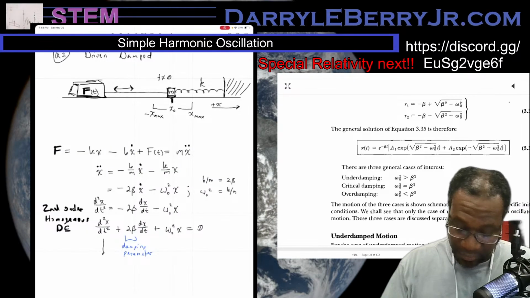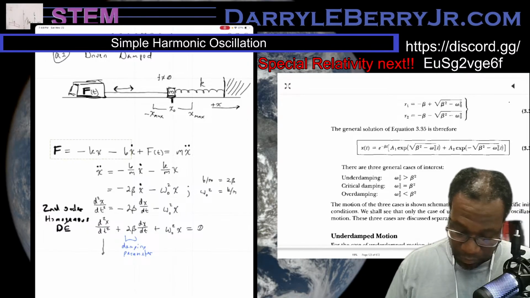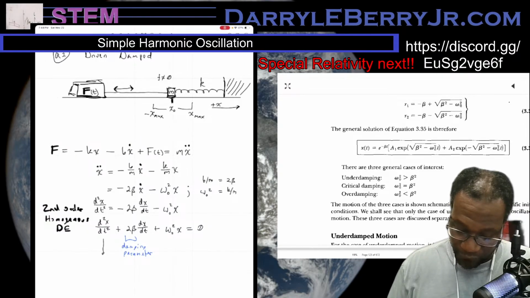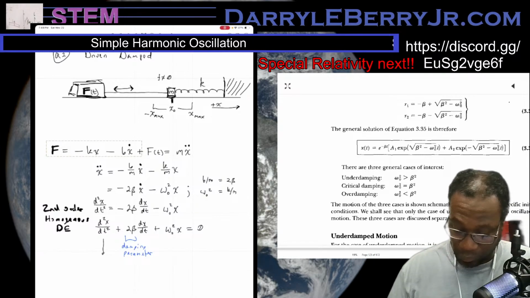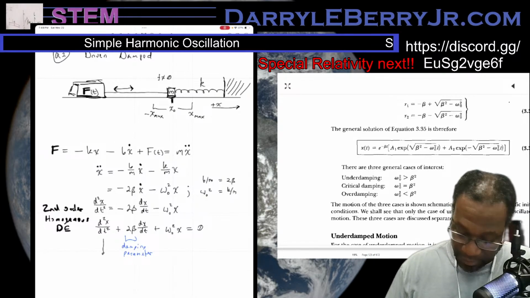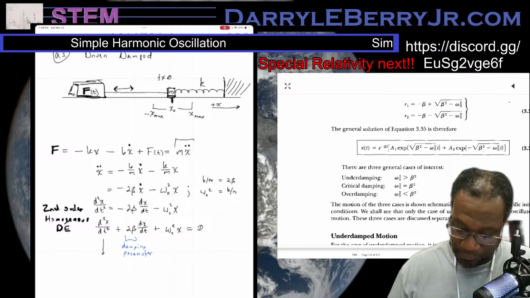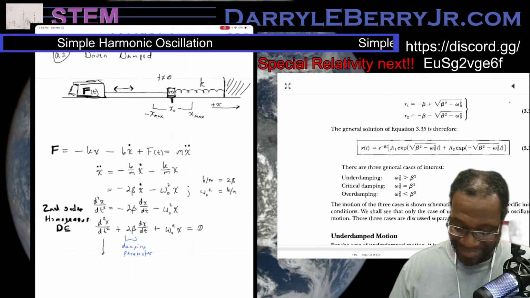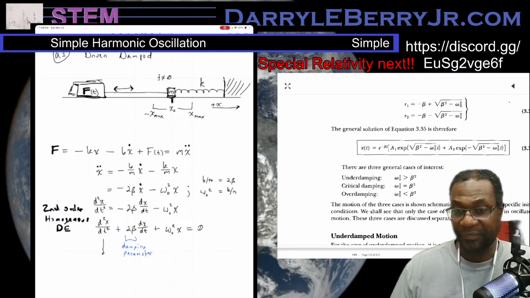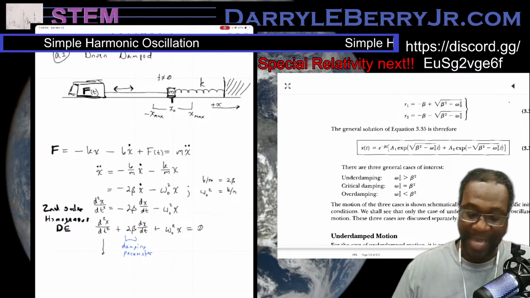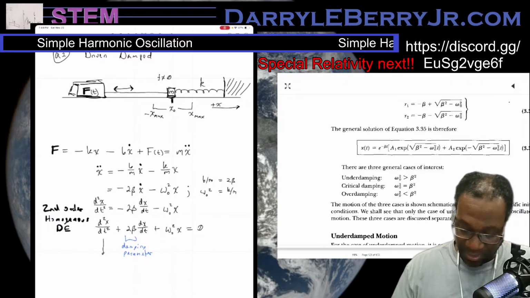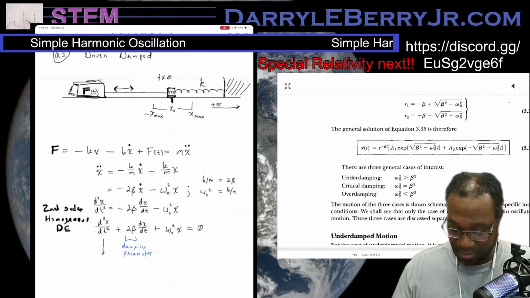So you notice that the normal configuration for classical mechanics still holds, in that this is ma, mass times acceleration, and F equals ma is F net. So every single force acting upon the system has to be on the other side of the equation from ma.